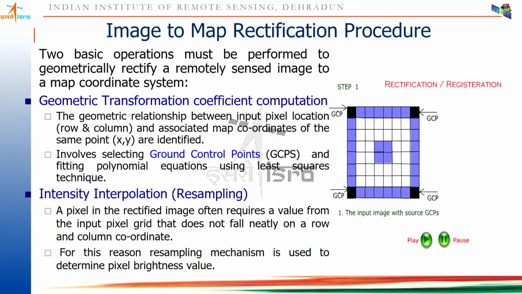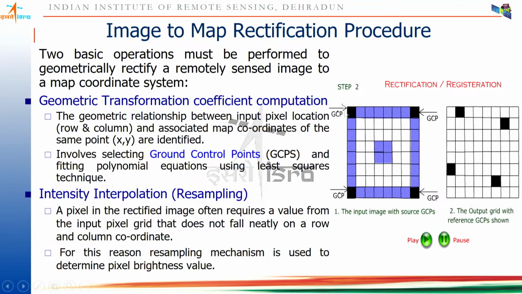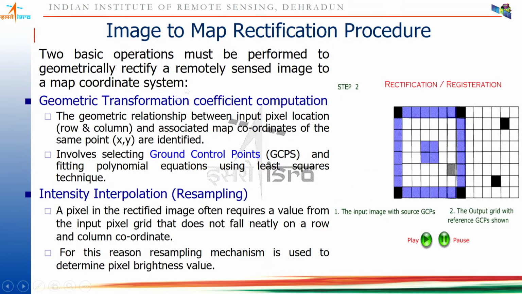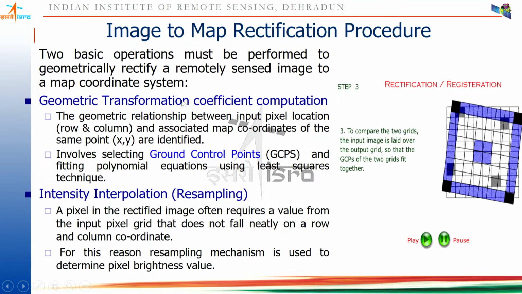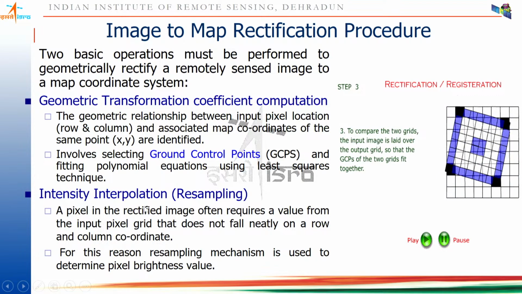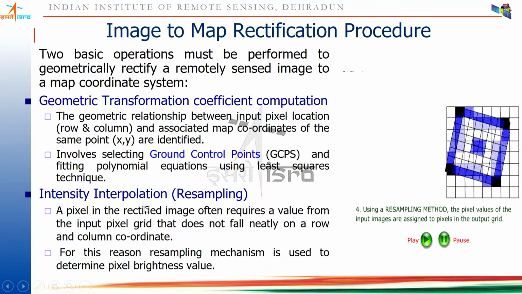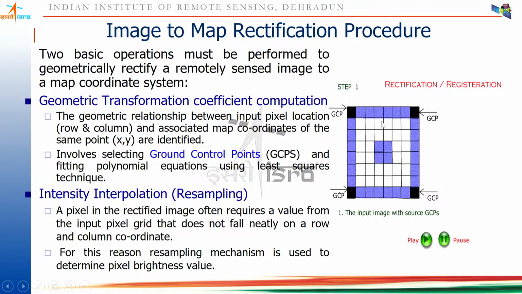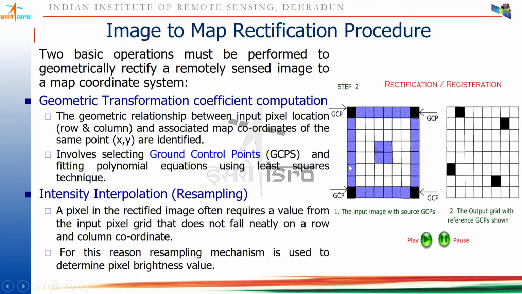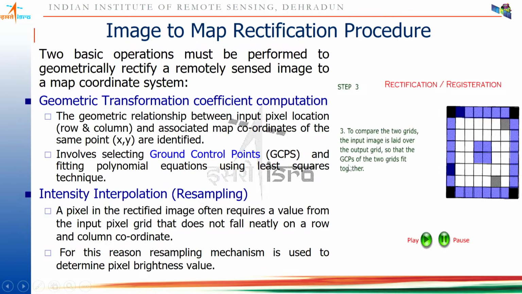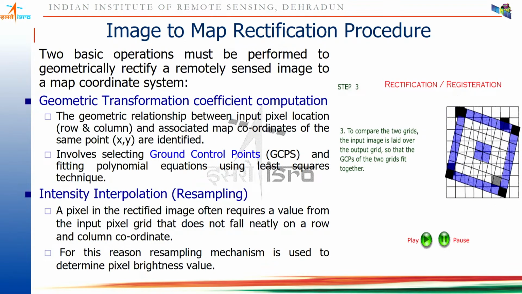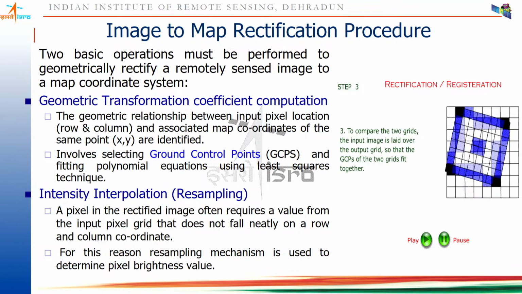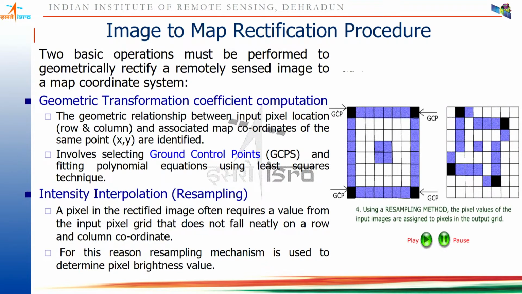So basically it is a two-step process. In the first step, we compute the transformation coefficients, and the second step is resampling, that means filling in the DN values. So two basic steps. The first step involves identifying the ground control points, that means pixels whose ground identity is also known. That means in the image they are easily identifiable, as well as on the ground or on the topo sheet.